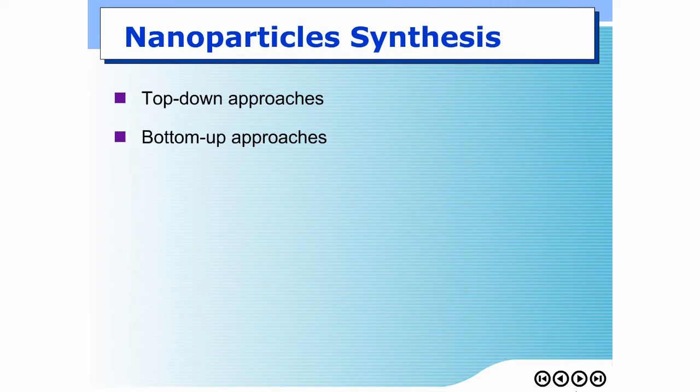On the other hand, if we start from bottom-up approaches, where we start with atoms and let atoms form themselves into particles, the trick is how to stop at the nano size. That's what we are going to discuss in this lecture. There are two categories for bottom-up approaches.